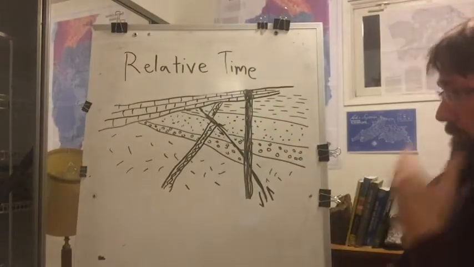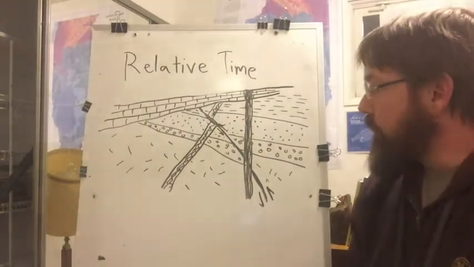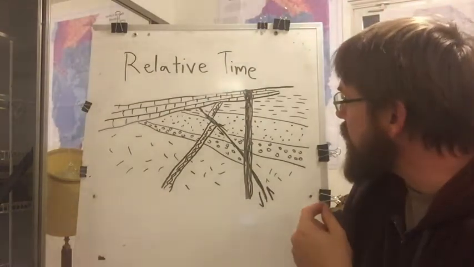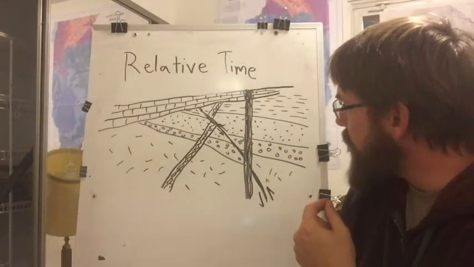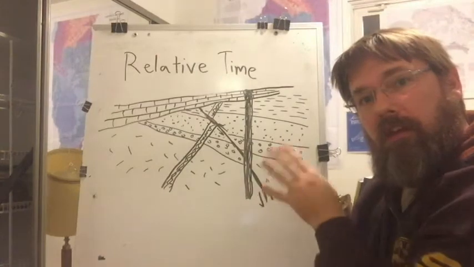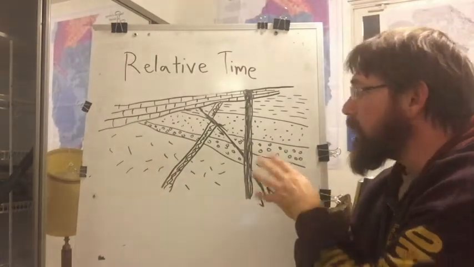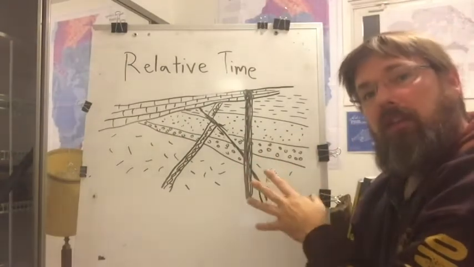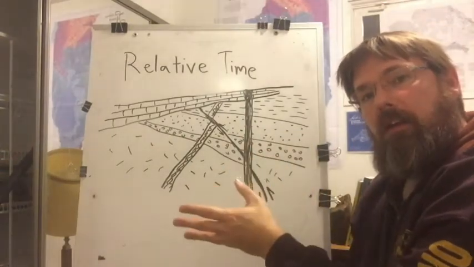the thick black line. Okay, now the law of cross-cutting relationships, basically what it tells us is if something cross-cuts in an igneous type regime, with sedimentary here in this case, something cross-cutting something else is younger.